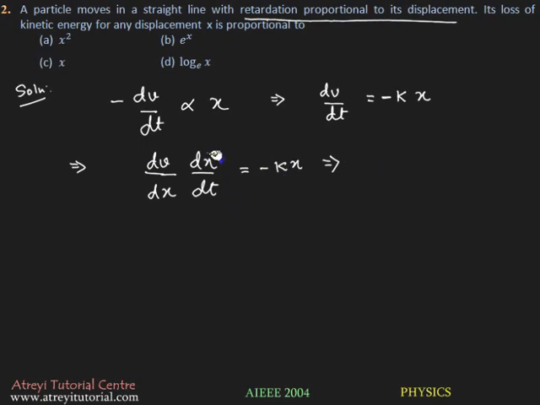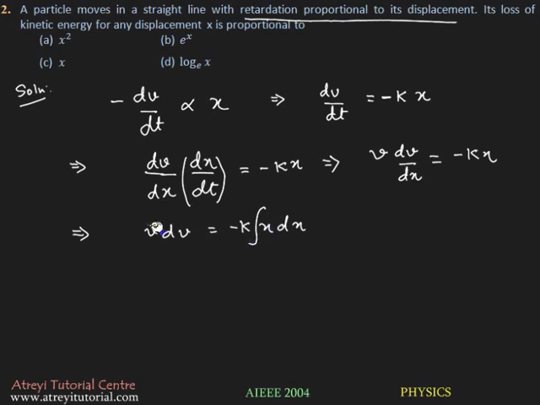The quantity dx by dt represents the rate of change of displacement, that is velocity, so in this place we can write v. Then v dv by dx equal to minus kx implies that v dv equals minus kx dx.